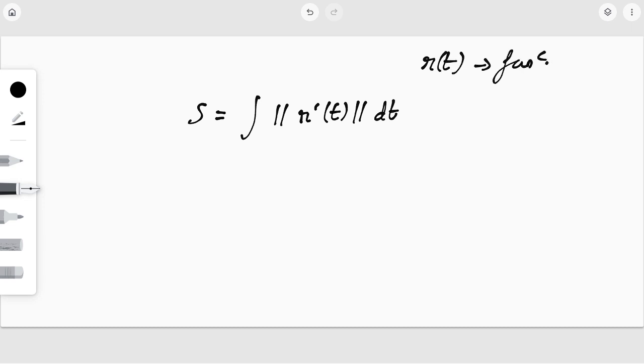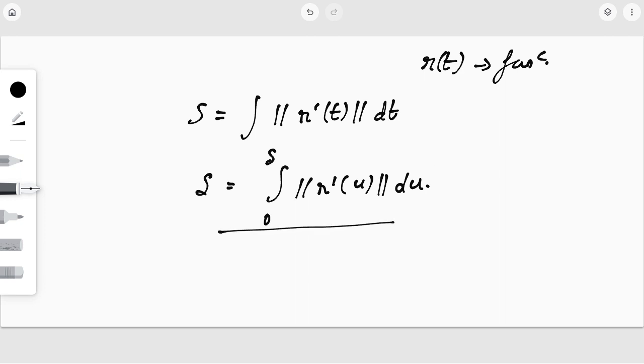Now if we use the dummy variable u and vary it from 0 to s, then we have the integral of the magnitude of r dash of u du, with the variation from 0 to s. Now if we differentiate this equation, what do we get?